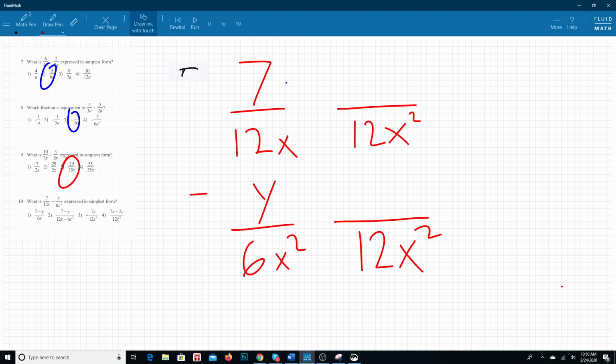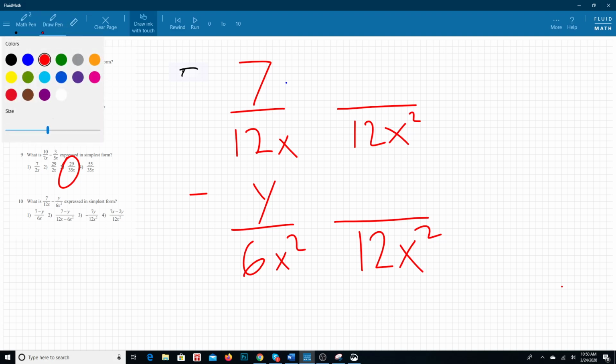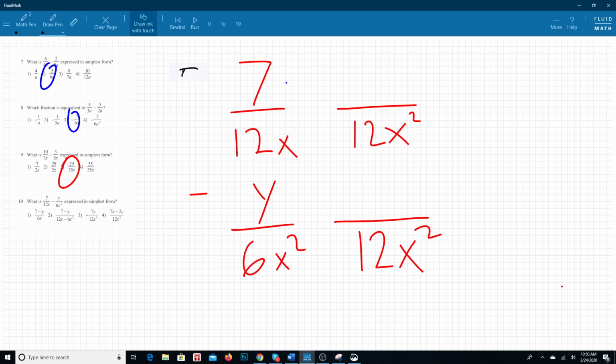So then I say to myself once again, what times 6x squared is going to give me 12x squared? The only thing that makes sense is to multiply it by 2. Whatever I do to my denominator, I have to do to my numerator, so I get 2y up top. And I have to multiply the top portion by x.